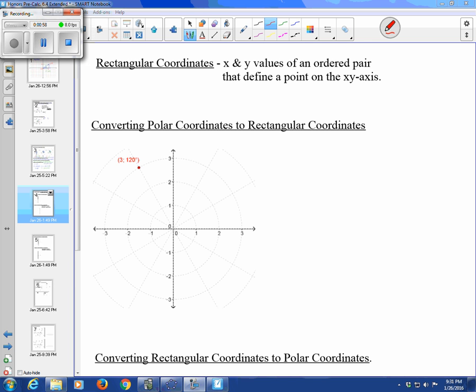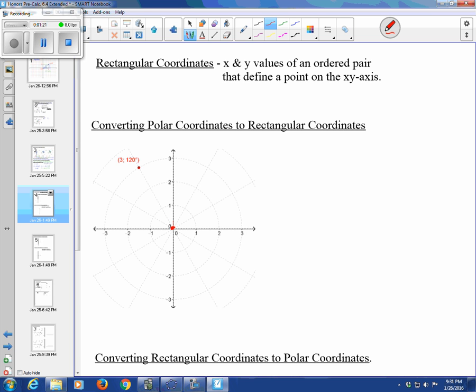When we talk about polar coordinates, it's just a way of defining that point's position from the origin as a distance in a direction. And when we talk about rectangular coordinates, it's a way of defining that point's position with regards to its horizontal and vertical displacement from the origin.